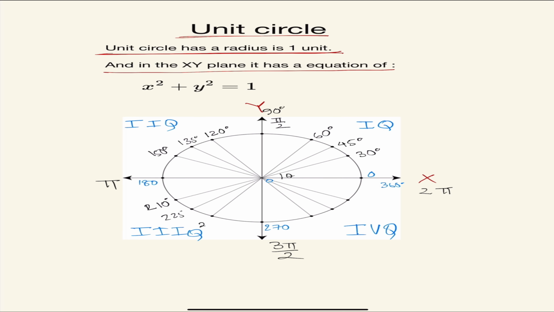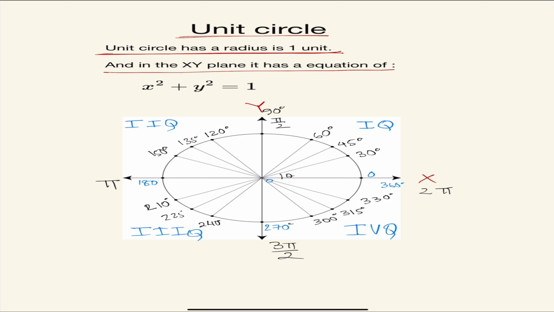Then we have 240 degrees. Then we have 270, 300, 315, 330, and then 360.